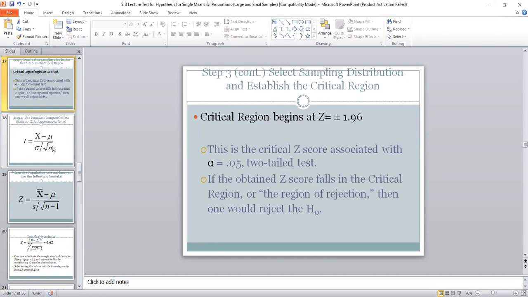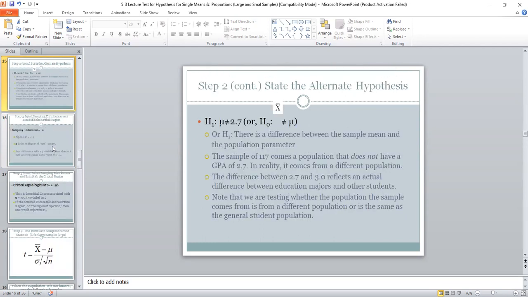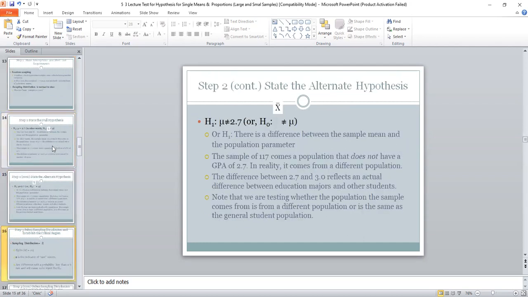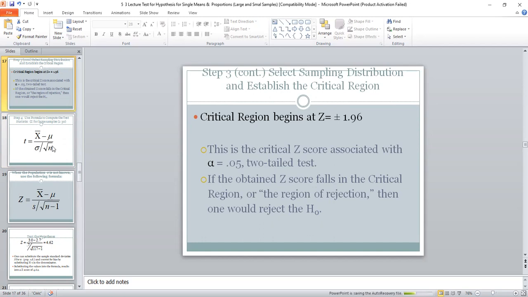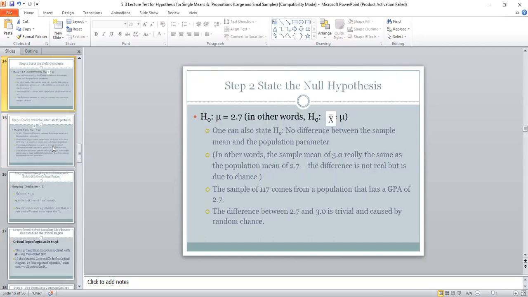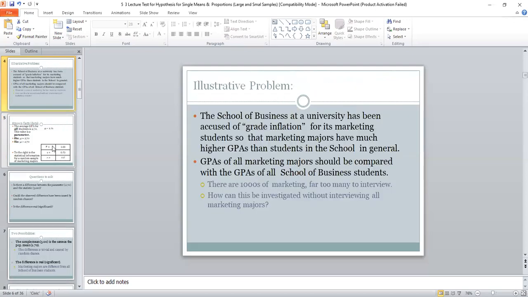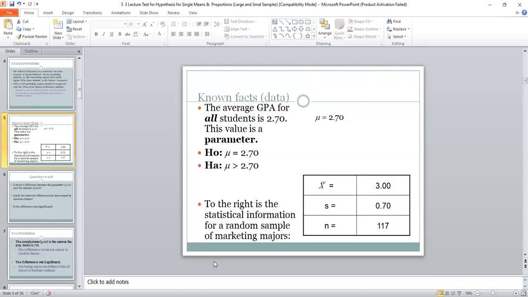So you compute it based on sample data, the data you have collected. You collect some data to be able to compute the test statistic, to test this hypothesis we have just stated here.